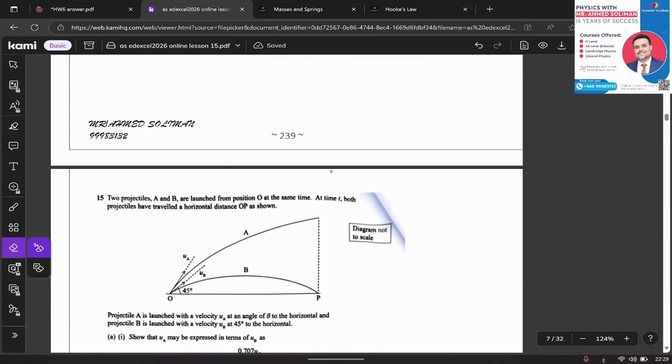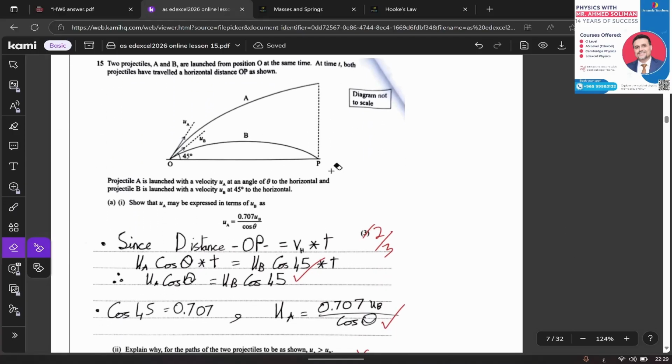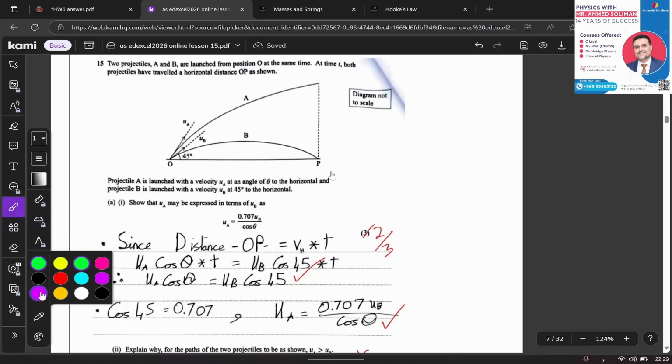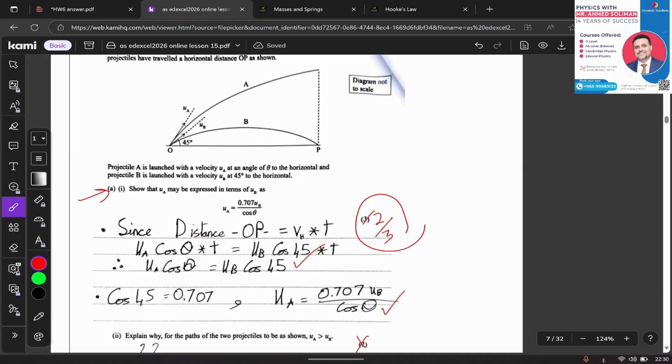Okay, now let's continue. So what do you think, Mirola? What is missing in this part? The student got 2 over 3. Not sure. Okay. So he didn't mention what?